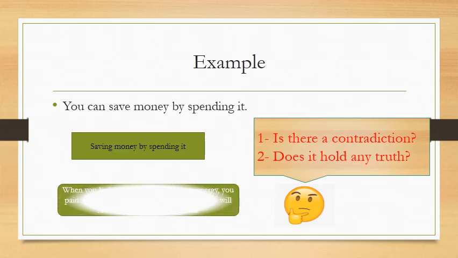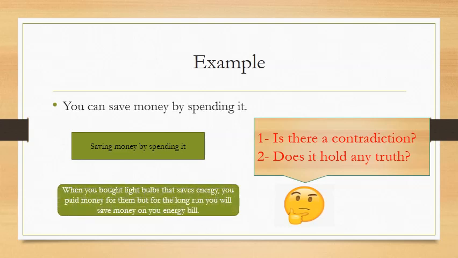Then what do they mean by it? I'll give you an example. Let's say you go to a store and you buy light bulbs, those light bulbs that save energy. You will pay money for those light bulbs, so you spent some money. So you didn't save. But at the end of every month you get an electricity bill. The first month you're going to save a few dollars.